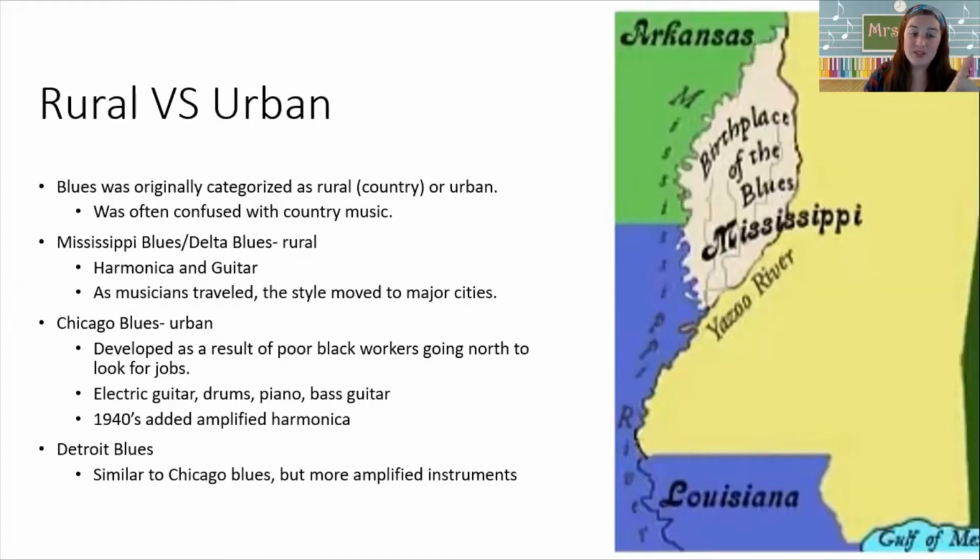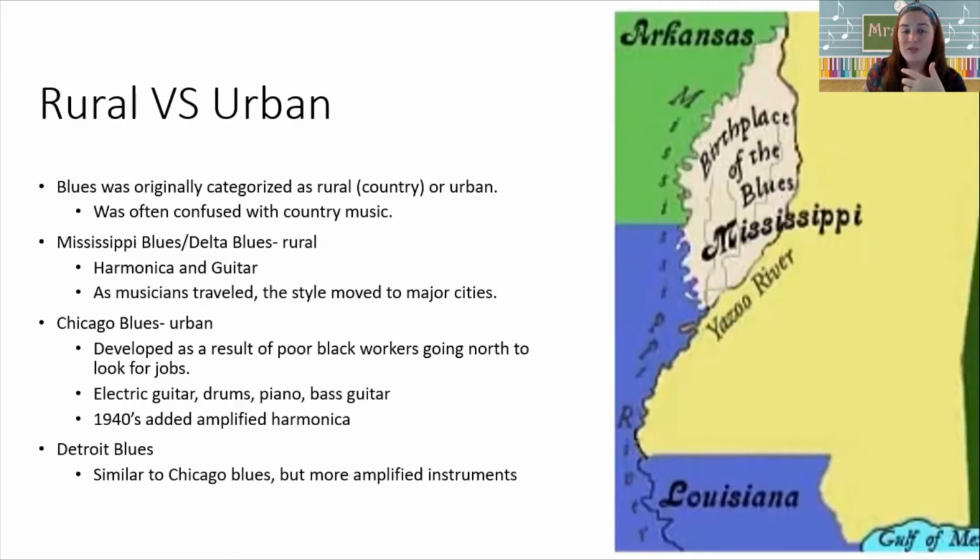Then we also get Mississippi Delta area blues, this little place right here, the birthplace of blues, where they incorporated harmonica and guitar. Musicians would travel from city to city looking for work, taking their music with them. But then it travels up to Chicago, and this is where we get a different style. We add some urban flair to it, urban meaning more people are incorporated into this style.